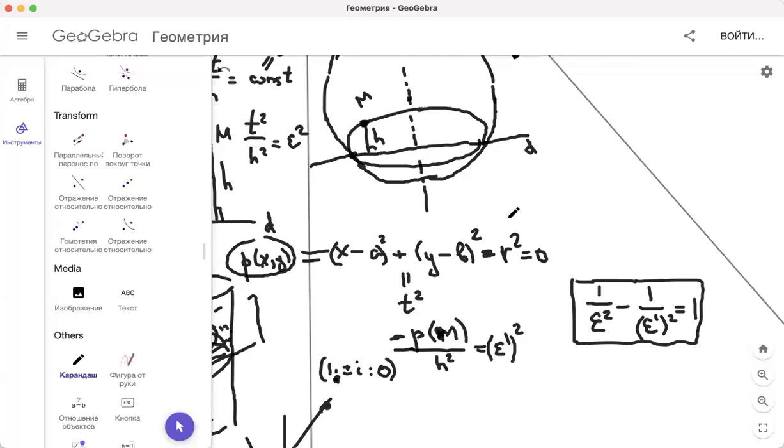Okay, and this statement you can prove also in some geometrical way, or using some calculations.